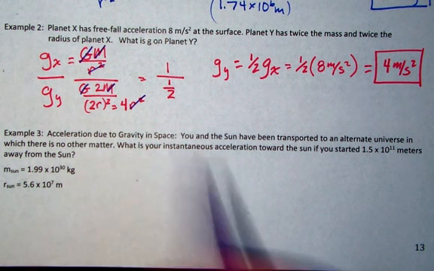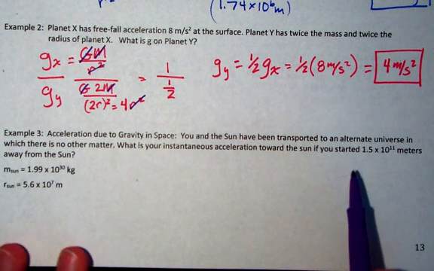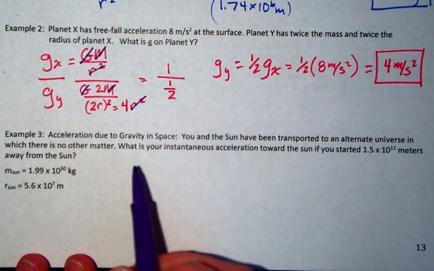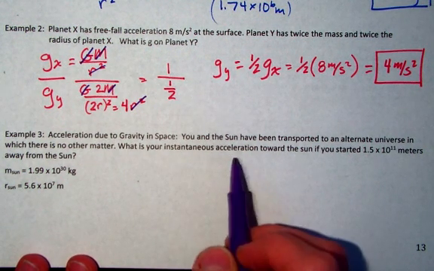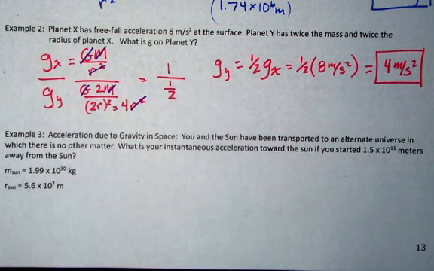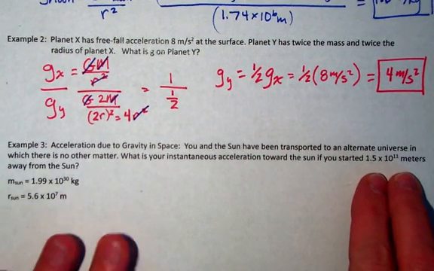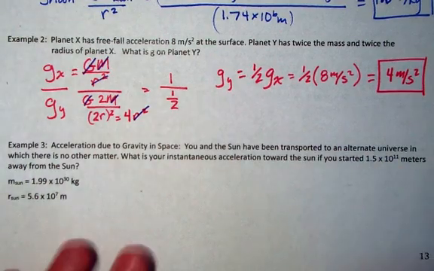Okay, so we are luckily in this alternate universe. It's just us and the sun. That's it. So we want to know what our instantaneous acceleration toward the sun would be if we are already 1.5 times 10 to the 11th meters away from the sun.